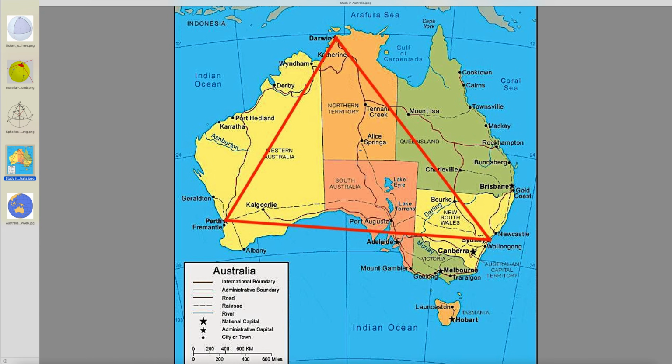They can mess around with the seas, add and take away area as they need it, but they can't do it with the land masses. So there's no way for me to draw this triangle on Australia without having to take into account that there's missing area in between it if we were actually on a globe.